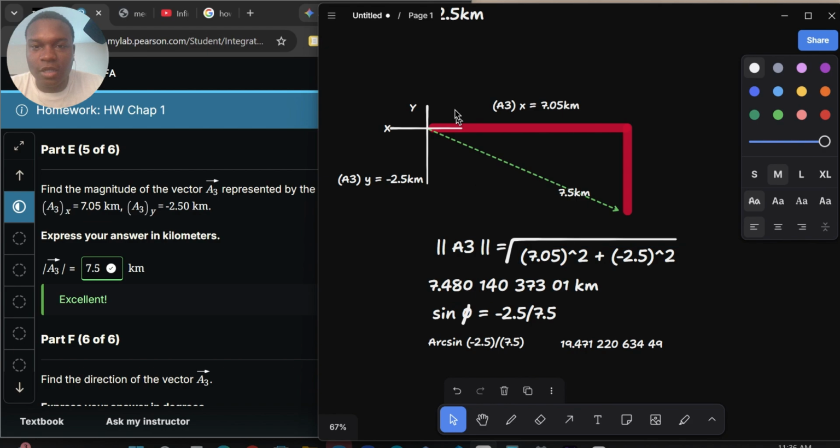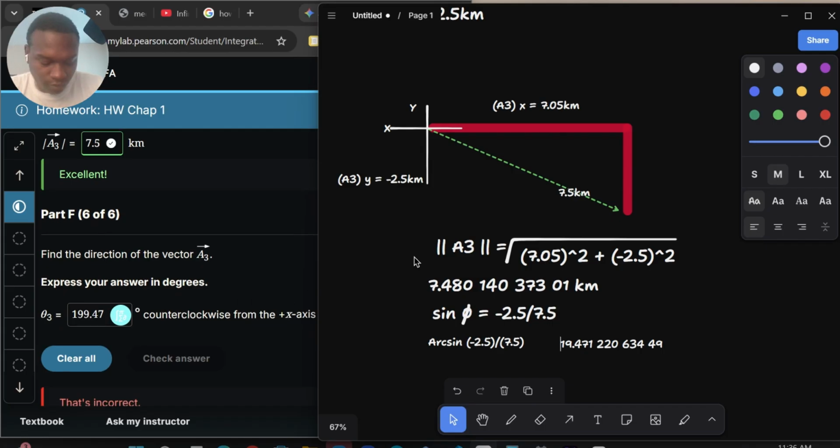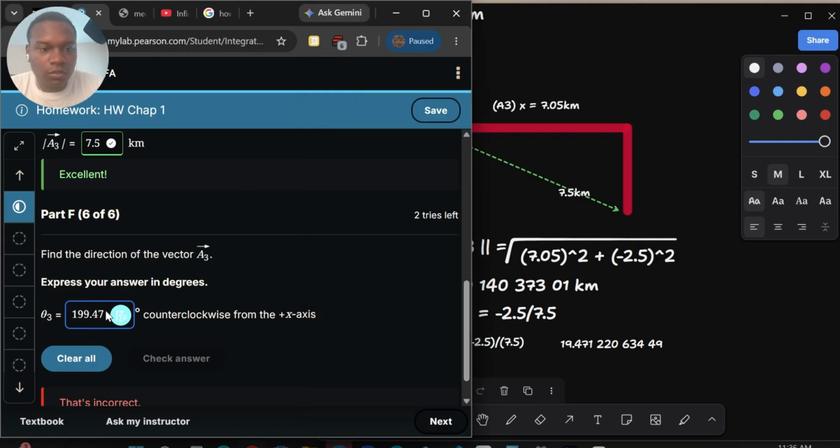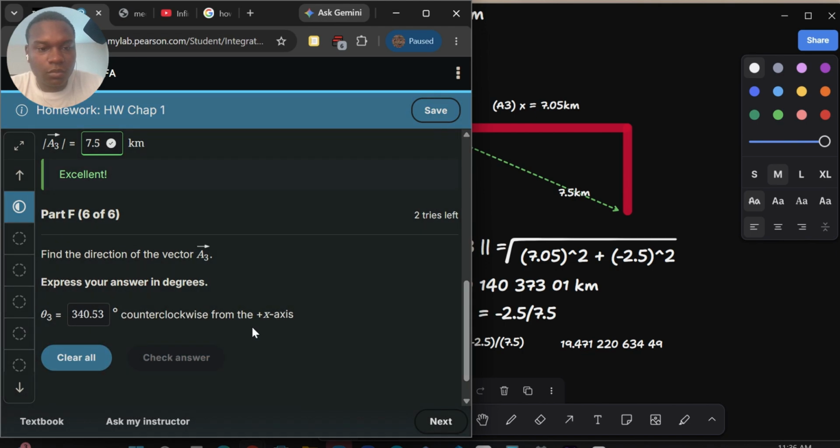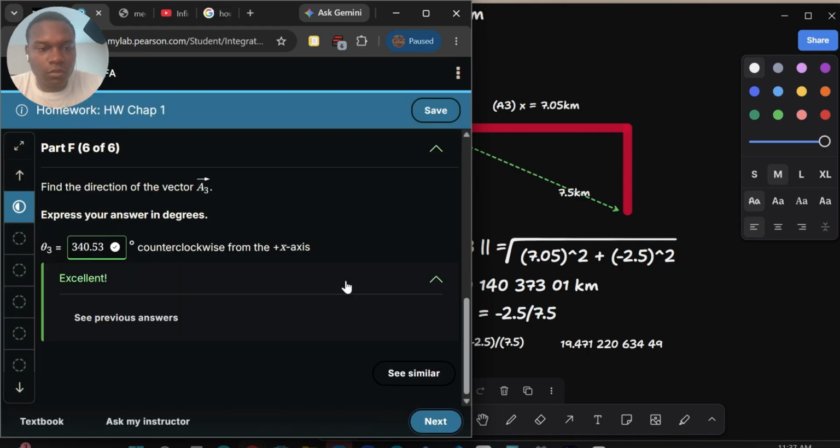So this would just be 19, and you could subtract it from 360. 360 minus 19.47 gives 340.53. Yes. All right, I'm about to stop the video and we're going to come back later.